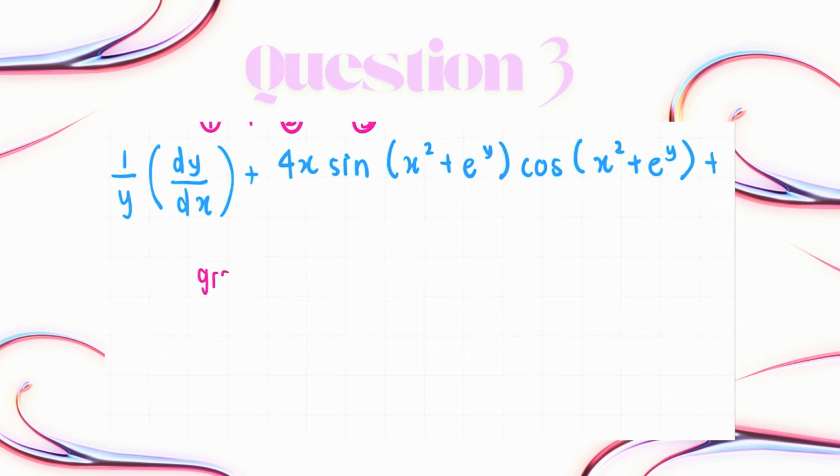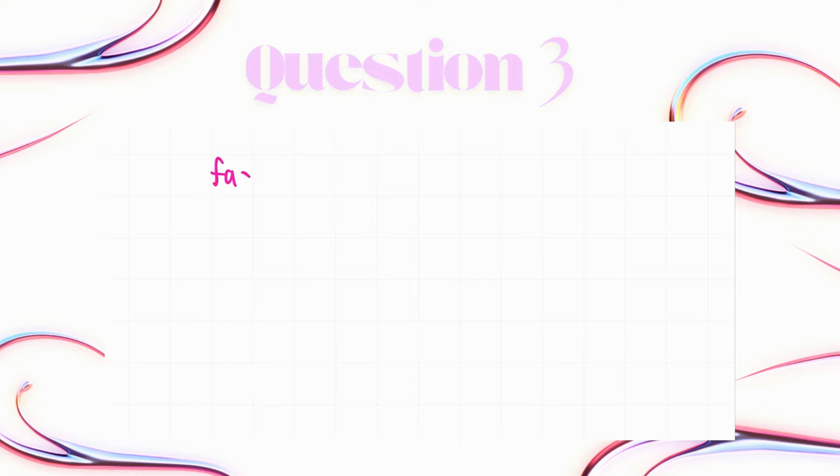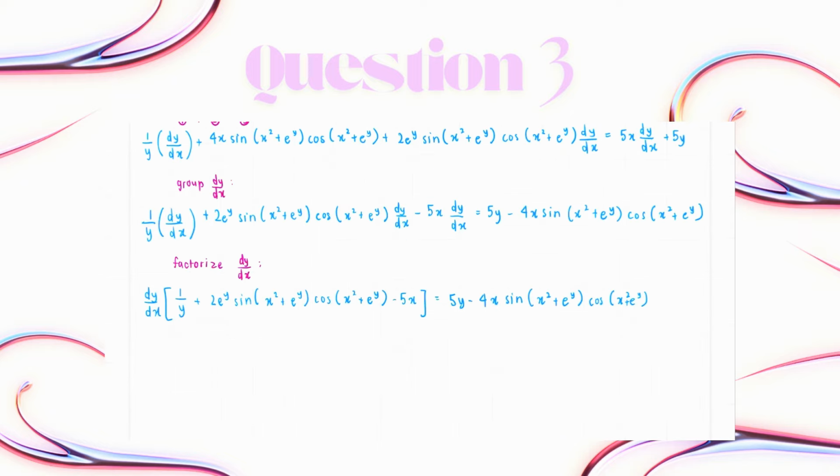Then we have to group dy/dx to the left hand side. So the equation will be like this. Then we have to factorize dy/dx. Now you can see that dy/dx is placed outside of the bracket.